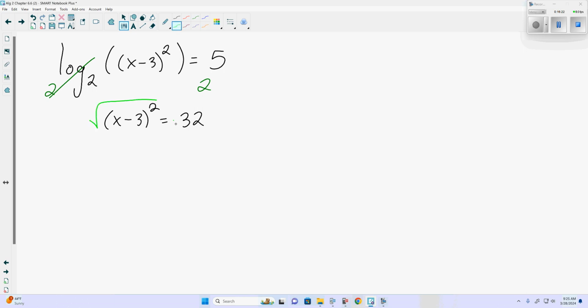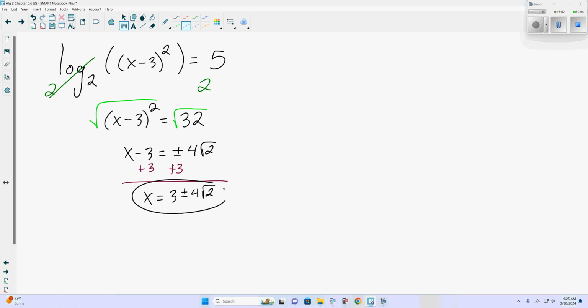But then we would square root both sides, telling us x minus 3 is equal to plus or minus square root of 32, which I believe is 4 square roots of 2. 16 times 2 is 32. Square root of 16 is 4. We leave the 2. We would add 3, telling us x is equal to 3 plus or minus 4 square root of 2. We wouldn't calculate it out further because that's as far as we can go and have a nice number.